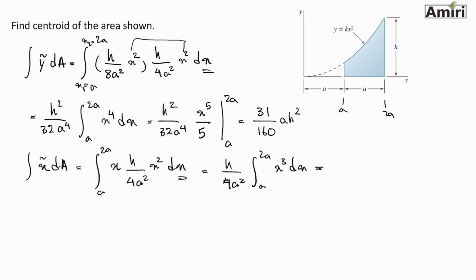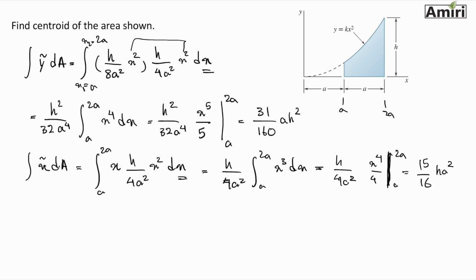Again, very manageable. So this will be h over 4a squared times x^4 over 4 from a to 2a. Oh sorry, this is not an integral, just from a to 2a. If you plug a in there, you get 15/16 h a squared.